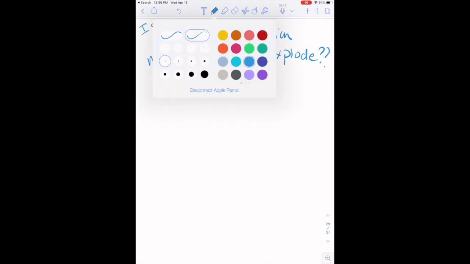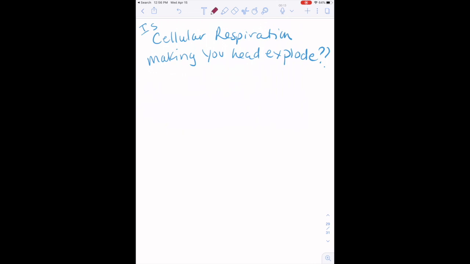So let's review a bit, and let's switch to a different color. C6H12, because I've been using yellow for hydrogen.